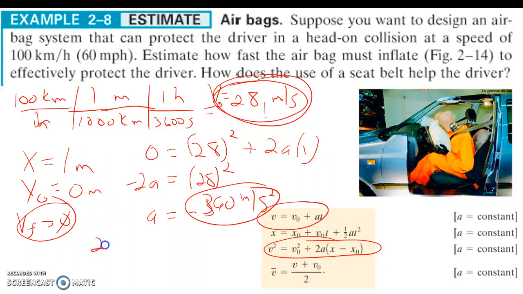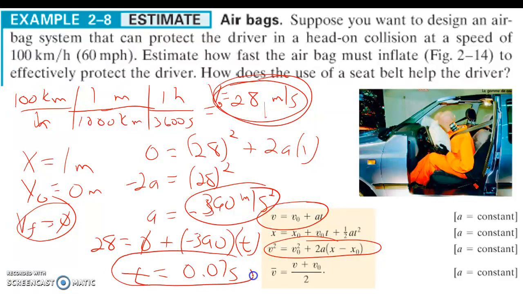Final velocity is 28, our initial velocity is 0, plus our acceleration of negative 390 multiplied by t. And t, as you can guess, is going to be a really small number. When we do the algebra to solve for t, we get 0.07 seconds. So that's how much time we have to get there. Interesting, isn't it?